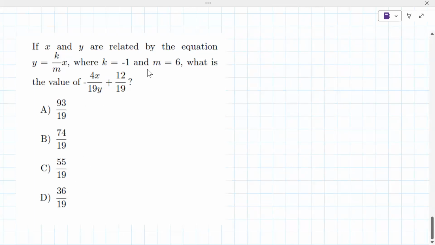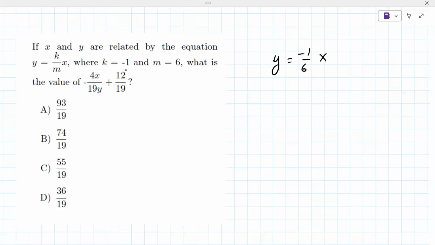Yeah, it's related to what we're doing, but I'm guessing you put in these values for K and M. One option is to straight substitute in for y, and that creates this awful mess, but it does work. It's just really bad. The other thing here is to do a little bit of manipulation.